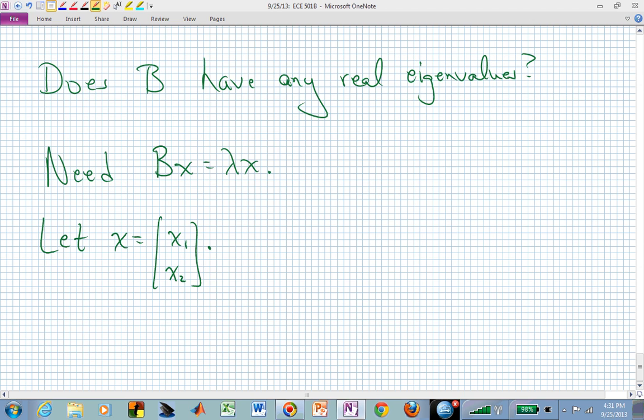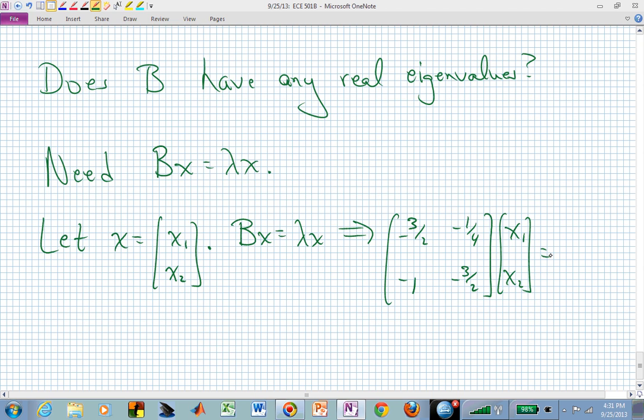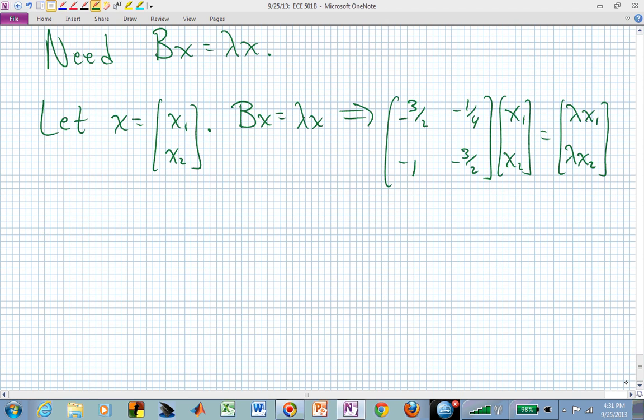If we now use this structural definition for x, Bx equals lambda x says that we have [-3/2, -1/4; -1, -3/2] times (x1, x2). That's supposed to equal some scalar lambda times that vector, which is (lambda x1, lambda x2). That's just Bx equals lambda x.